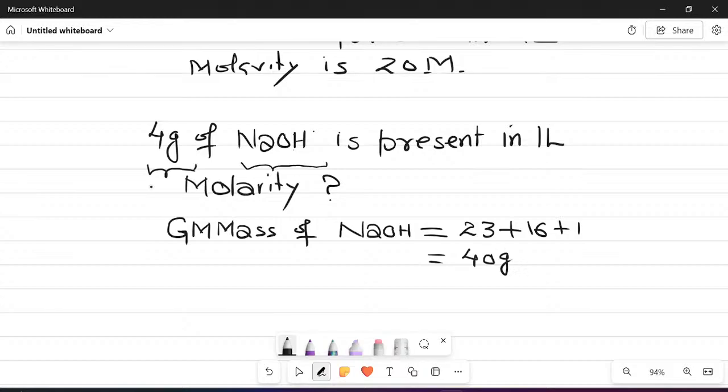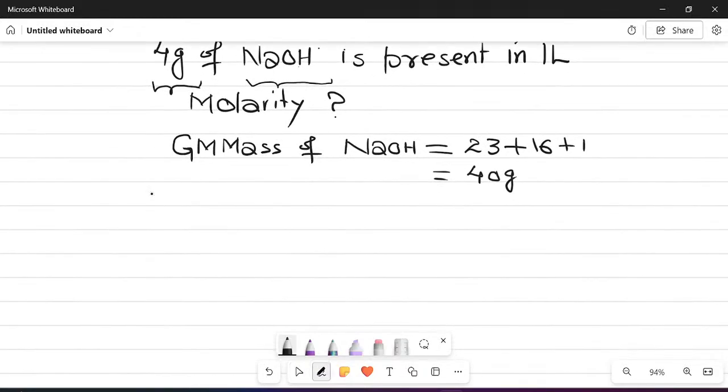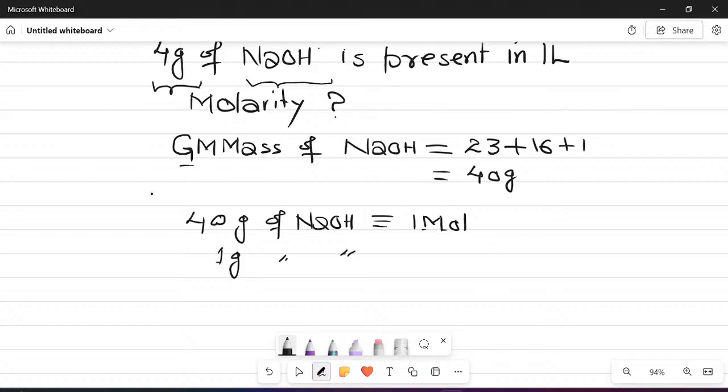Now this means that 40 gram of NaOH is equivalent to 1 mole. This is the mole concept: the gram molecular mass of every compound is equal to 1 mole. So 1 gram of NaOH contains 1 by 40 mole.